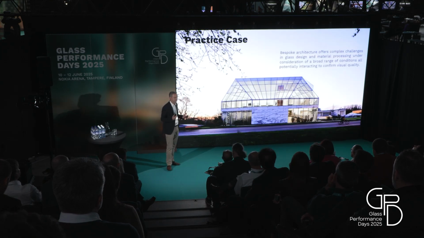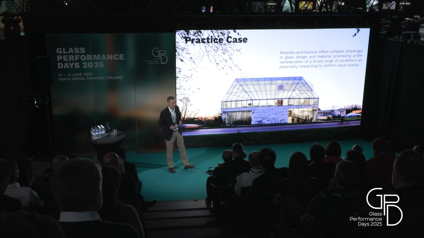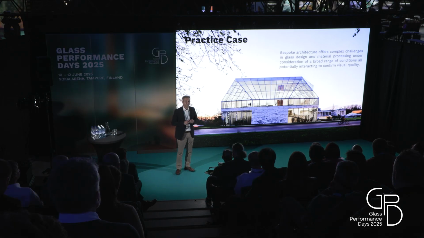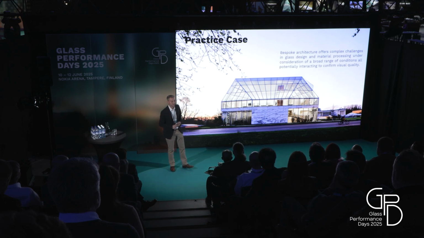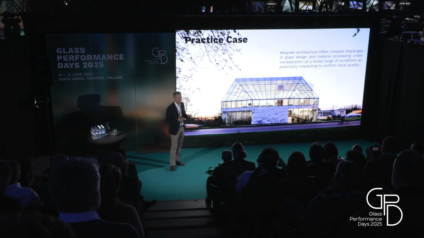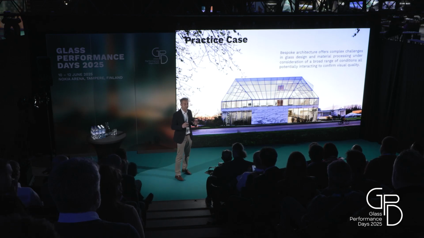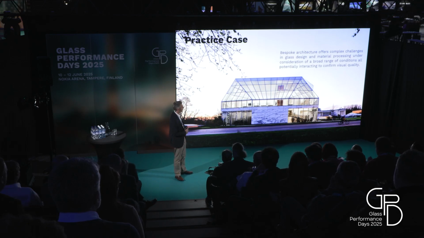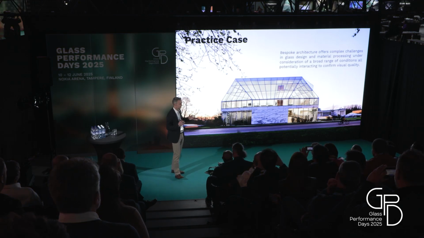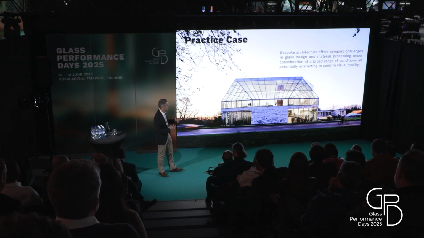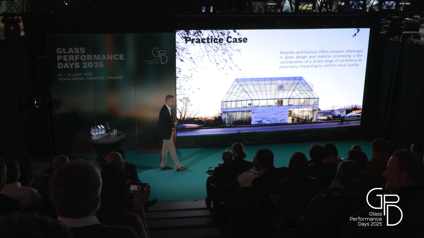So as a practice case, I want to touch base on a project where the architect wanted a kind of irregular shaped wheel structure, which is a steel and glass building envelope with irregular shaped glass, which is triangular, trapezoidal, rectangular, and all in a different pattern.